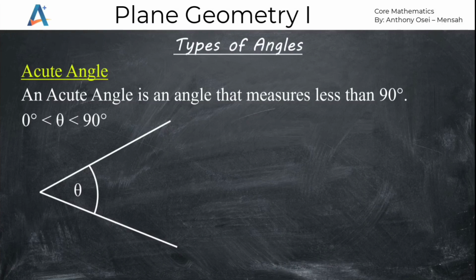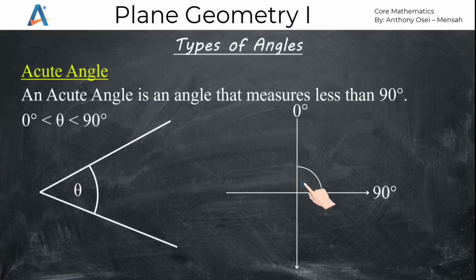So indeed, if you want to draw to represent an acute angle, look at this. This is the angle that is starting from 0 degrees, and this is the angle that ends at 90 degrees. Between this range of angles, we have the acute angle. So the range of the acute angle is given mathematically as 0 degrees < theta < 90 degrees.